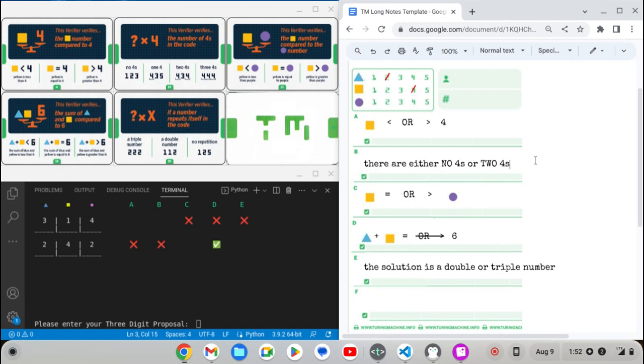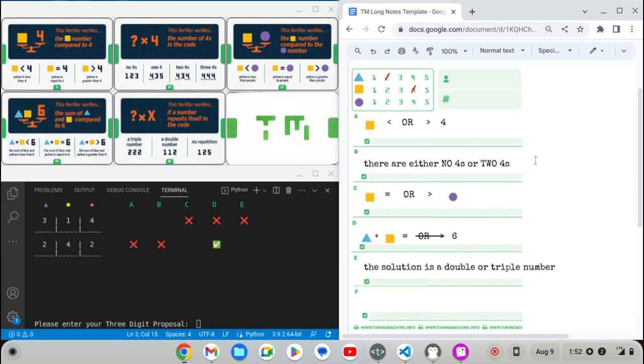So it could be something like 155 or 511, or even 3 3. But of course, a 3 3 for square and circle would mean that triangle would also have to be 3 and be a triple number. So I don't think it's that they're going to be equal.